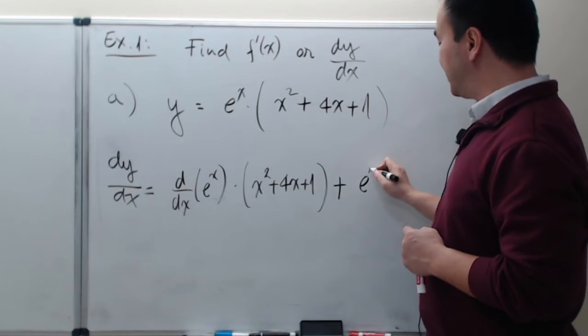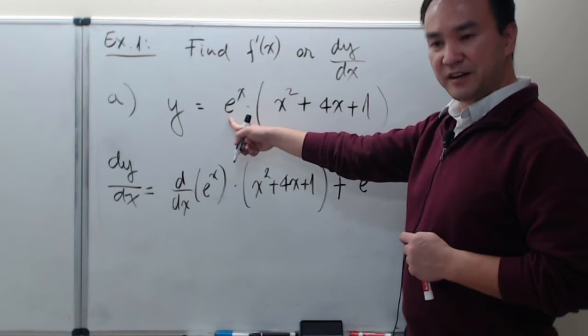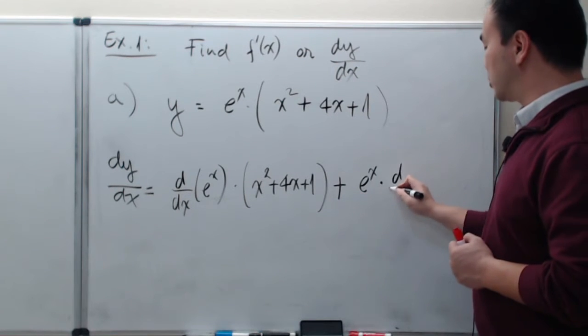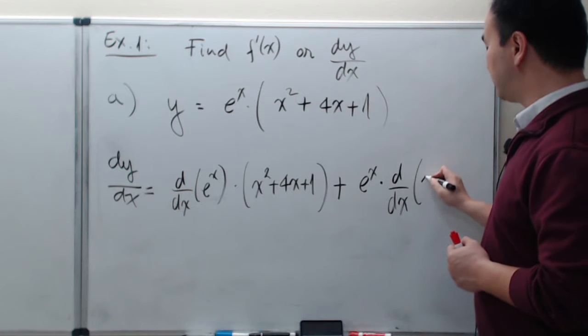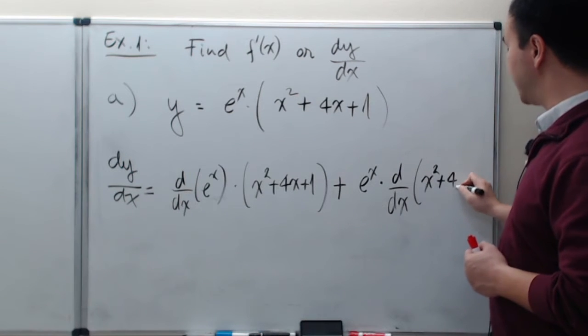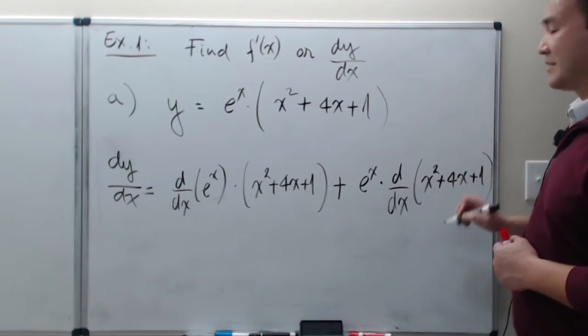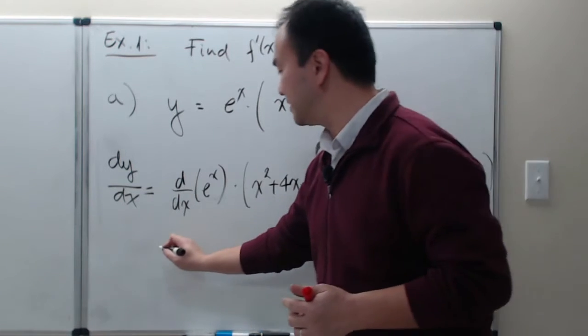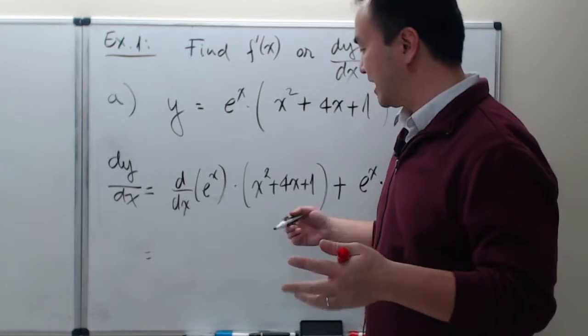I leave e to the x the same, being the first factor of our product, but now I multiply it with the derivative of x squared plus 4x plus 1. Okay, and so the final answer becomes quite straightforward.